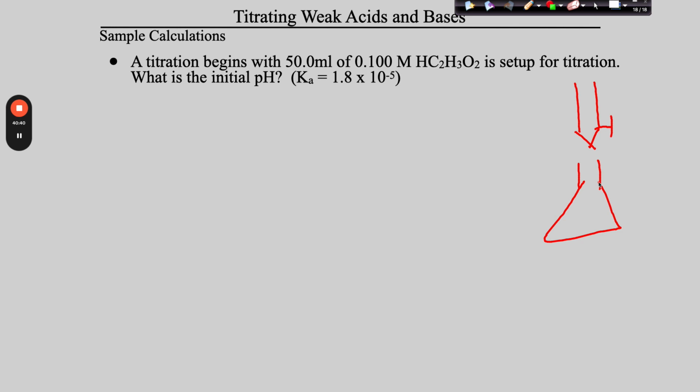So guys, here's what we got. We've got 50 milliliters of 0.1 molar vinegar down in a bucket. How do we find the pH of that? Just an ice box. Forgive me if this is unsatisfying, but I'm going to do this at warp speed.